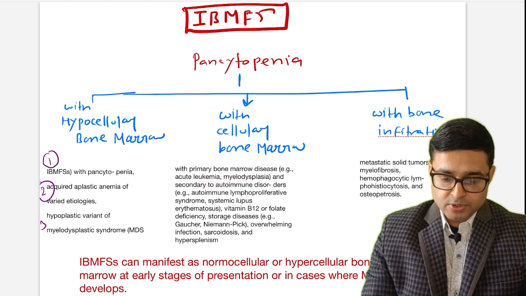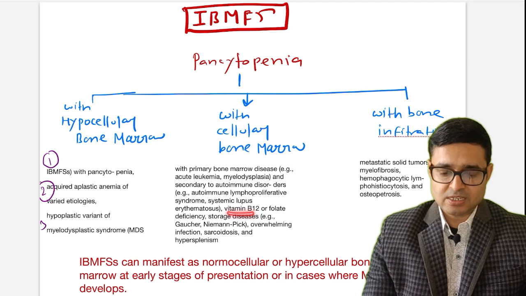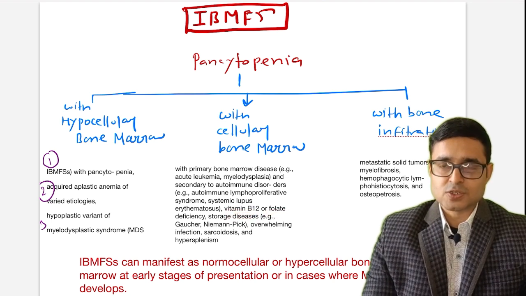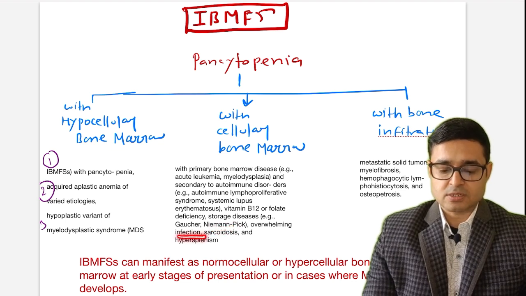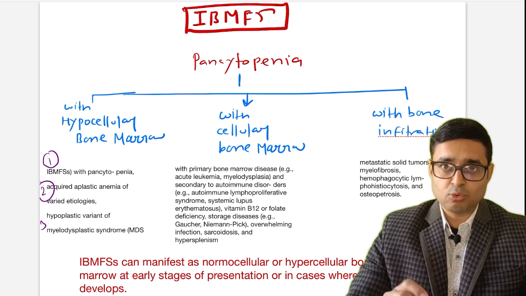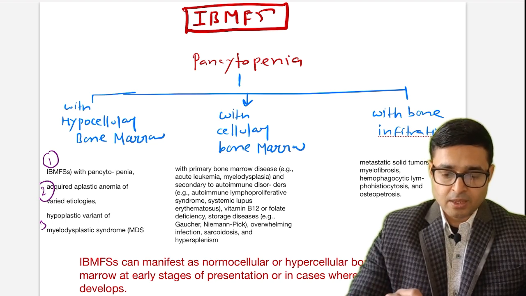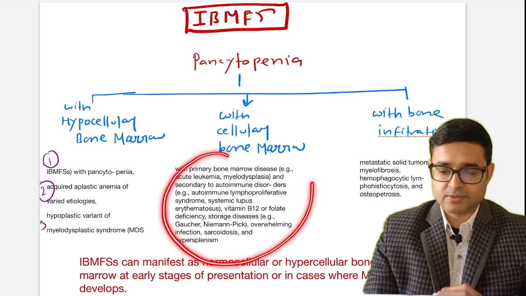Secondary to autoimmune disorders like autoimmune lymphoproliferative disorders, SLE, vitamin B12 deficiency, folate deficiency, storage disorders like Gaucher, Niemann-Pick, and severe infections, sarcoidosis, hypersplenism. This is a busy slide, but remember all the points in this slide. So in cellular bone marrow, this is very important.